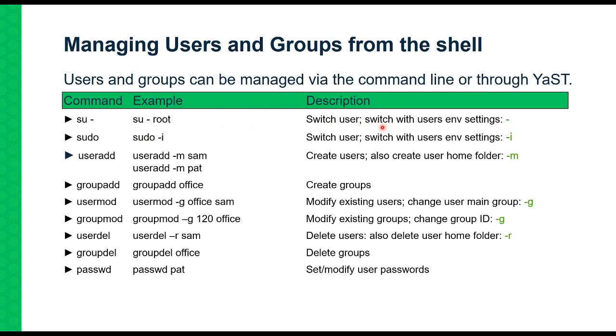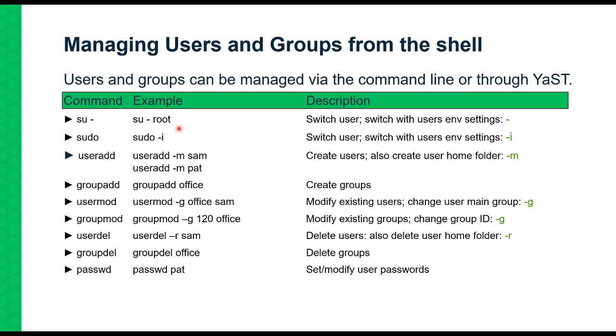That tells us when we switch the user, it will also switch with that user's environmental settings enabled. So you can switch a user without the minus sign, but that might become very messy and not recommended.